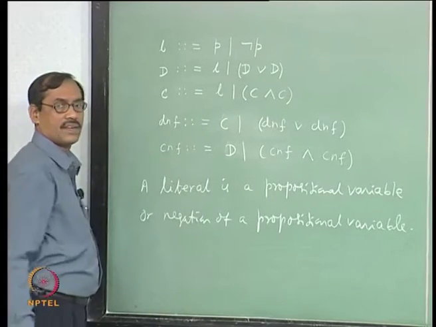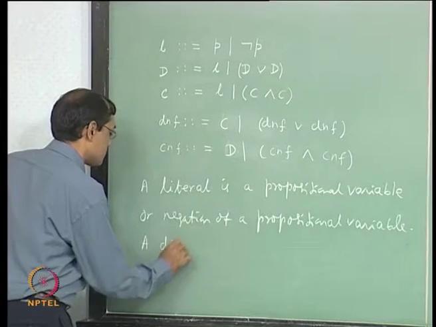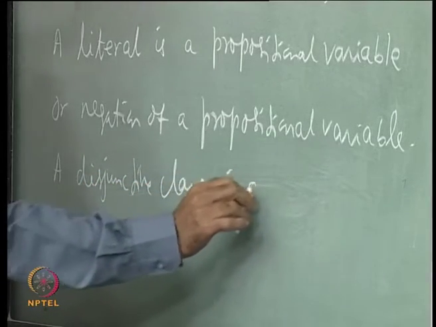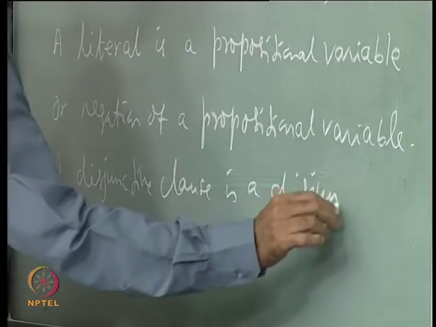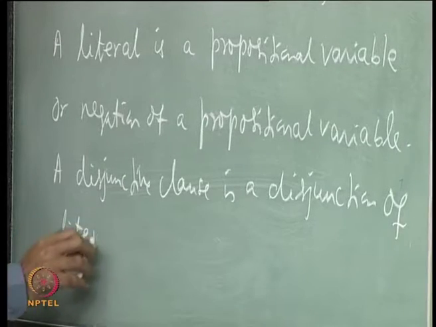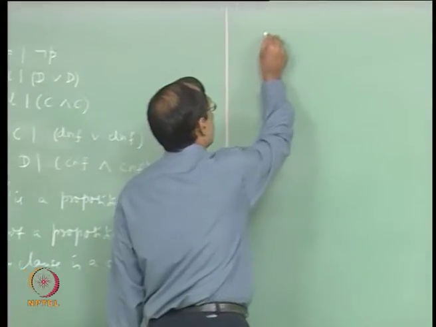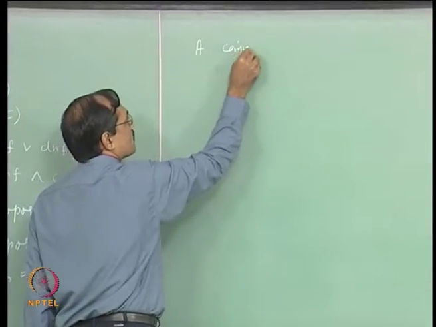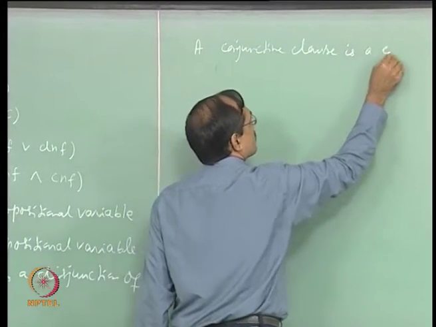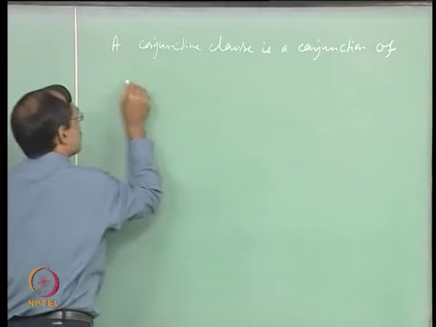Next we go for disjunctive clauses. So, we say a disjunctive clause is a disjunction of literals. Okay. Then we say a conjunctive clause is a conjunction of literals.